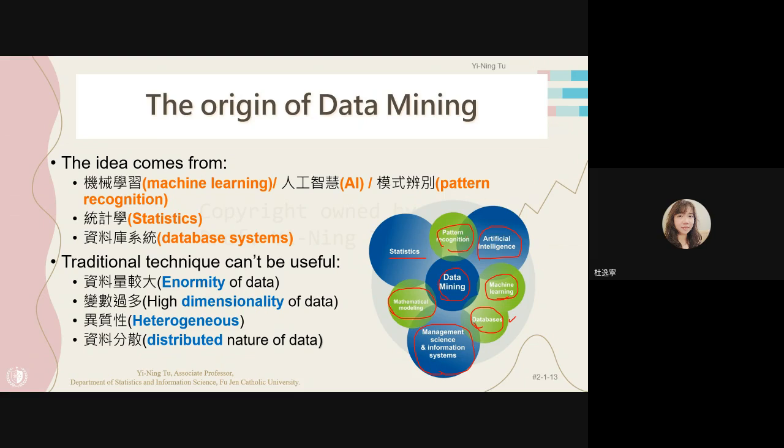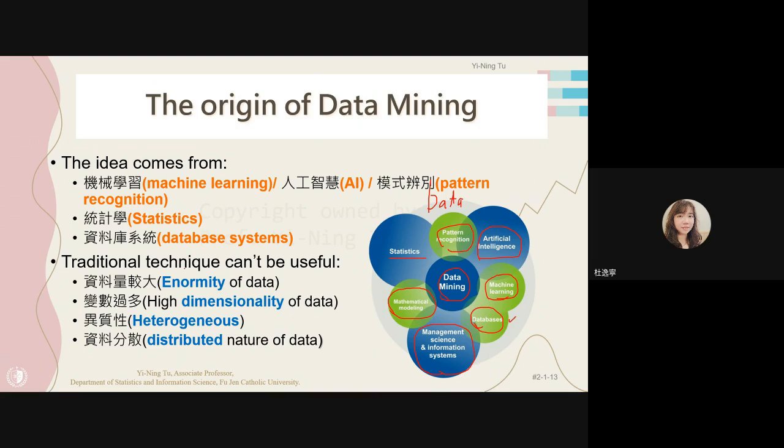So what is their crossover? Is data. Data is the point. 他们共同点就是 data. So 机器学习 machine learning, artificial intelligence, pattern recognition, and statistics, because our department is statistics. And database systems are very important because when we do data mining, we need the database system and SQL. 大家知道吗？SQL 语法，Structured Query Language, SQL.